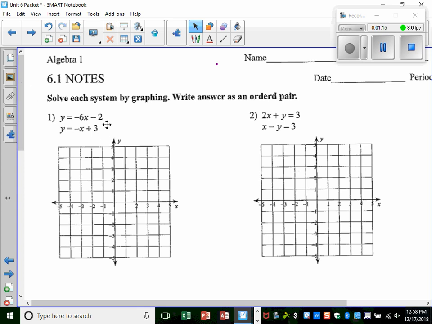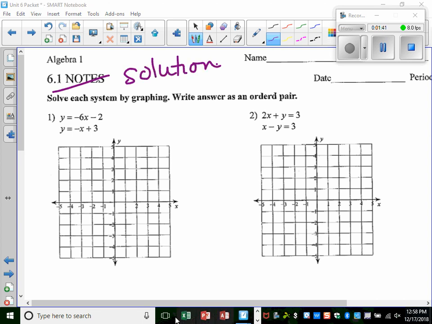So our first lesson, I would not consider this part new, except you're putting 2 instead of 1 on a coordinate plane, and you know how to graph. But when it says solve, and you want to write this down, the root word for solve is solution.